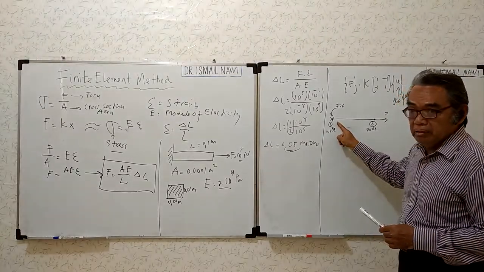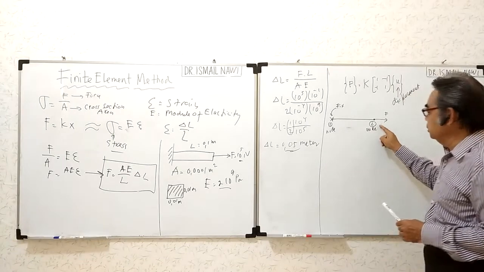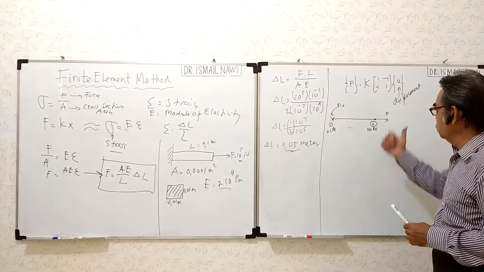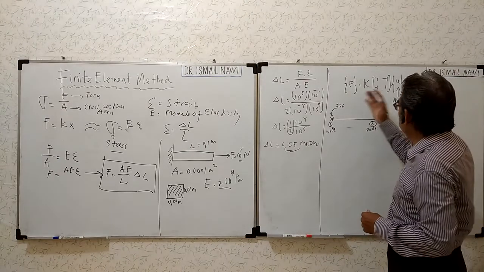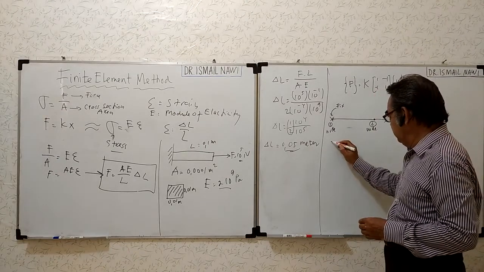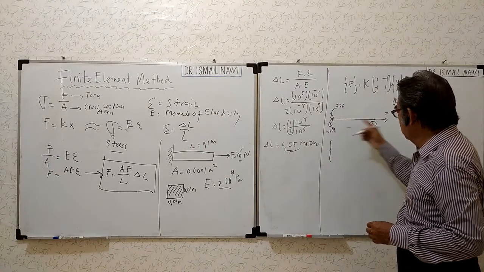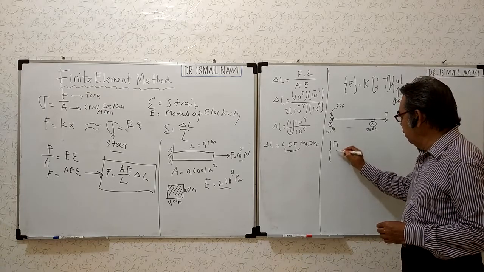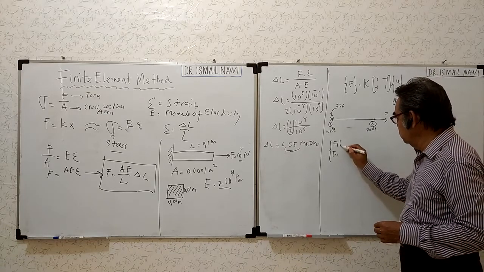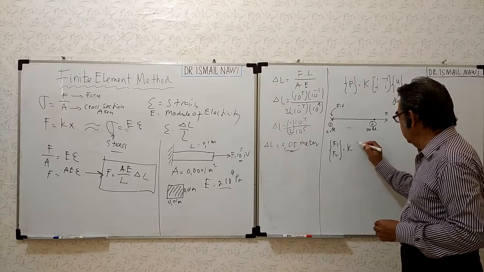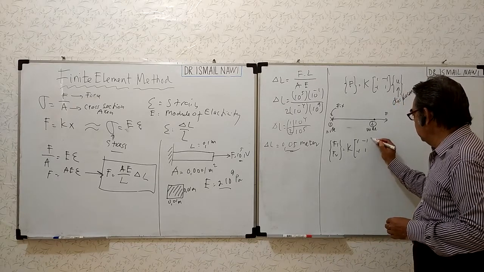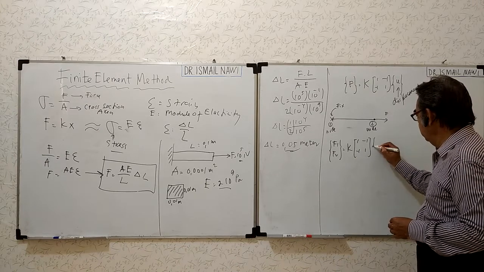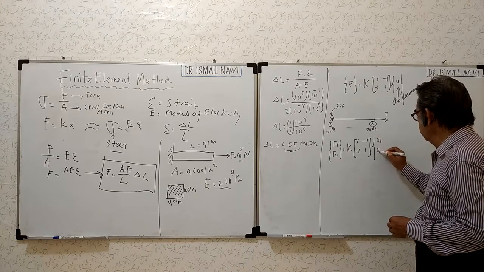Node 1 has a fixed position, and node 2 can move that way because of force F. How to use this formula? Because there are only two nodes, F1, F2 equals K times the matrix 1 minus 1, minus 1 1, times u1 and u2.